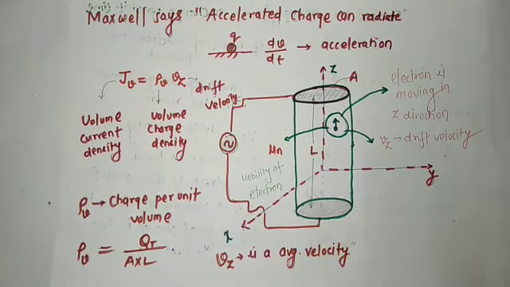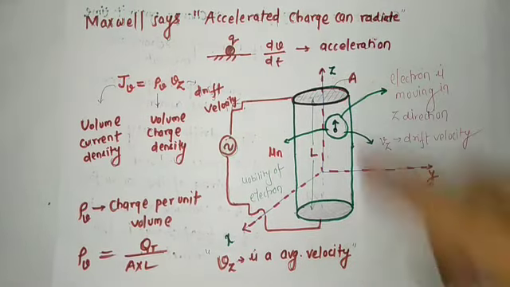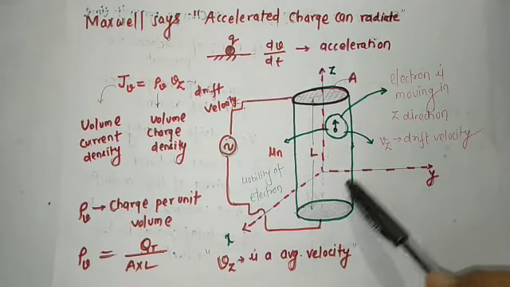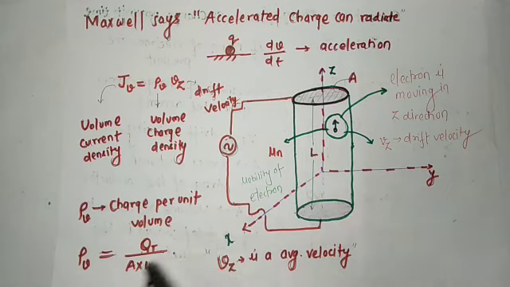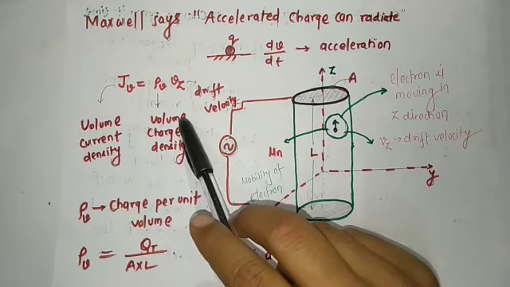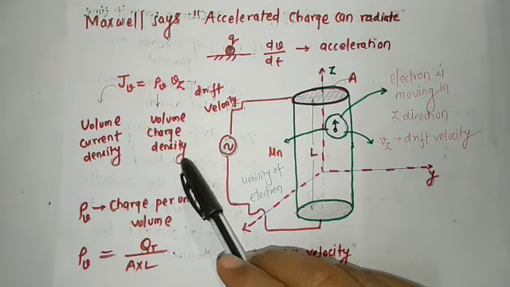Suppose there is total charge q present in this conductor, and if we divide the total charge by volume, another quantity comes into the picture, known as charge per unit volume, the volume charge density.